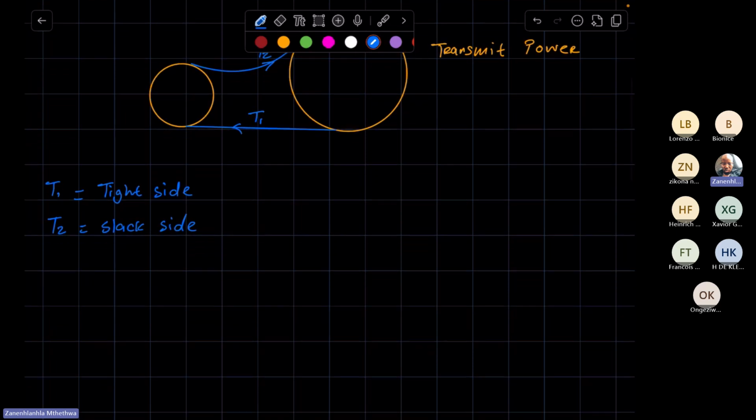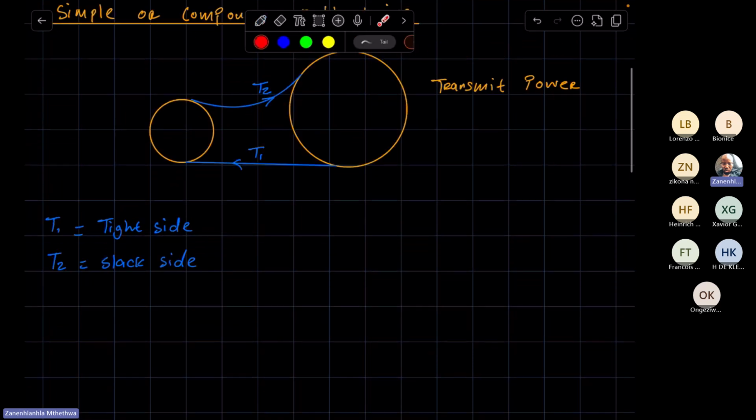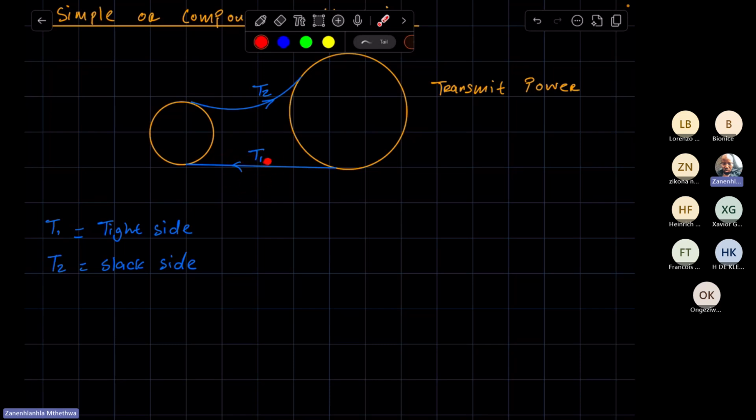So the tight side is T1, and the slack side is T2.